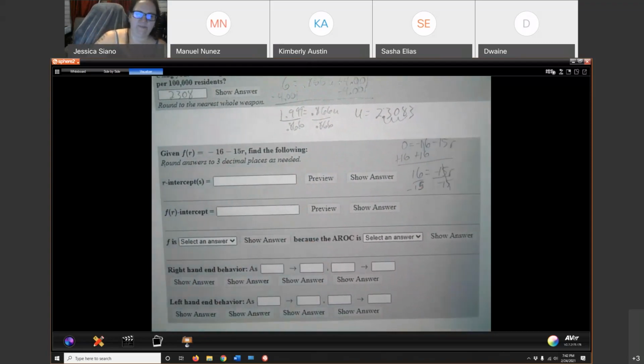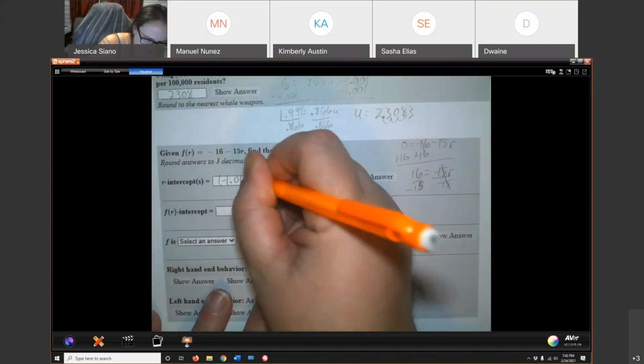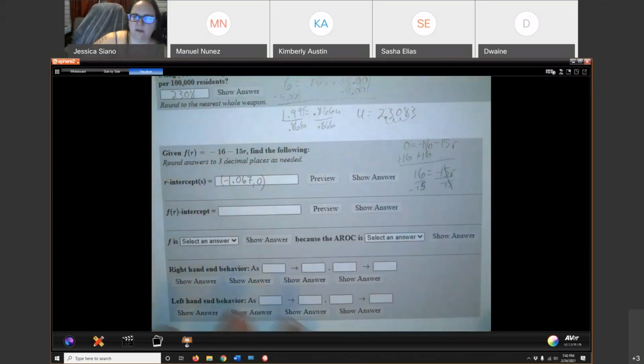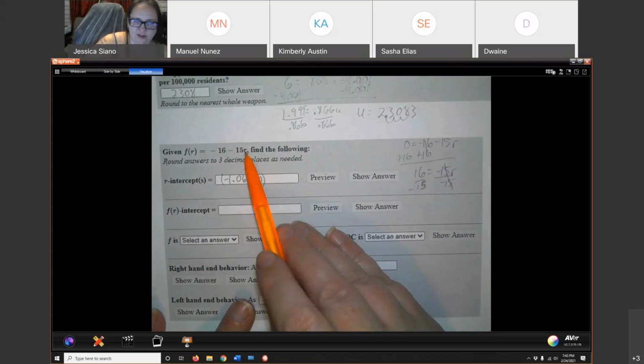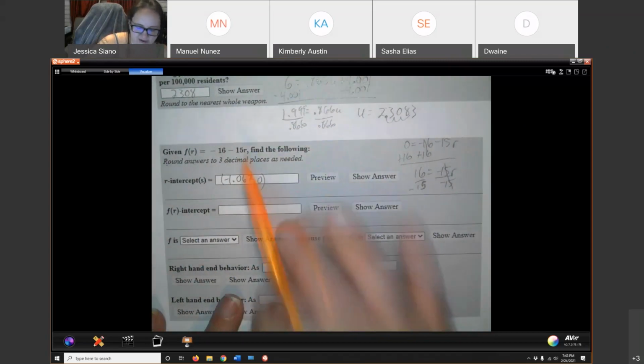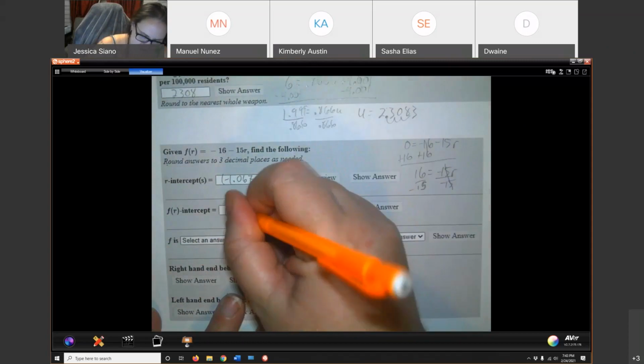They want decimals, so 16 divided by negative 15 is going to be negative 1.067. And then my f of r intercept is going to be where r equals 0, but if I put a 0 right here, this term's going to drop out, and I'm going to be left with that negative 16.